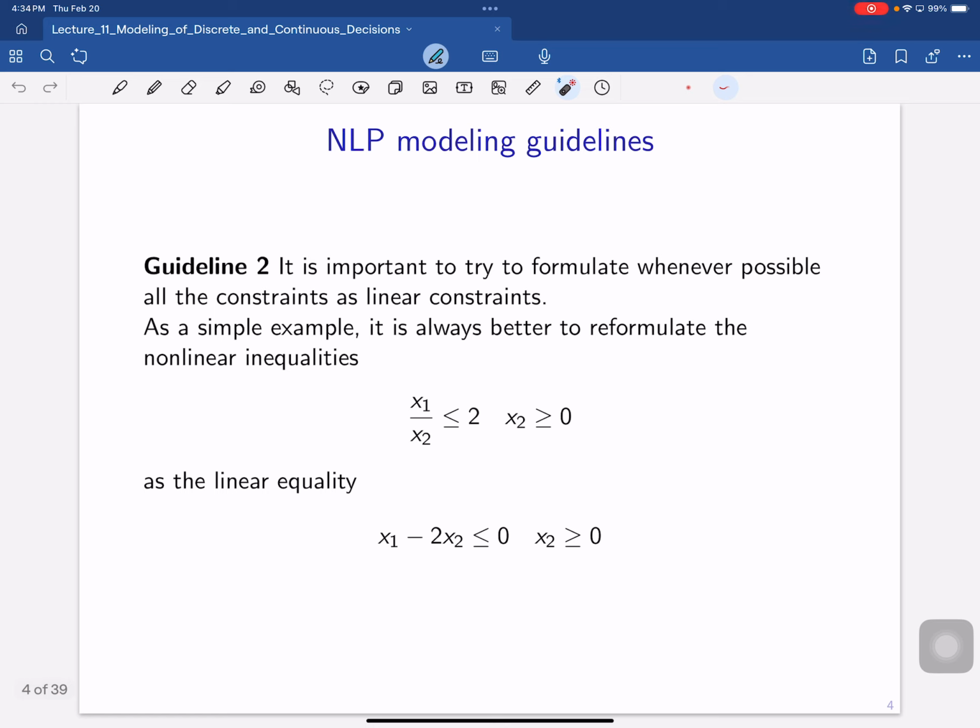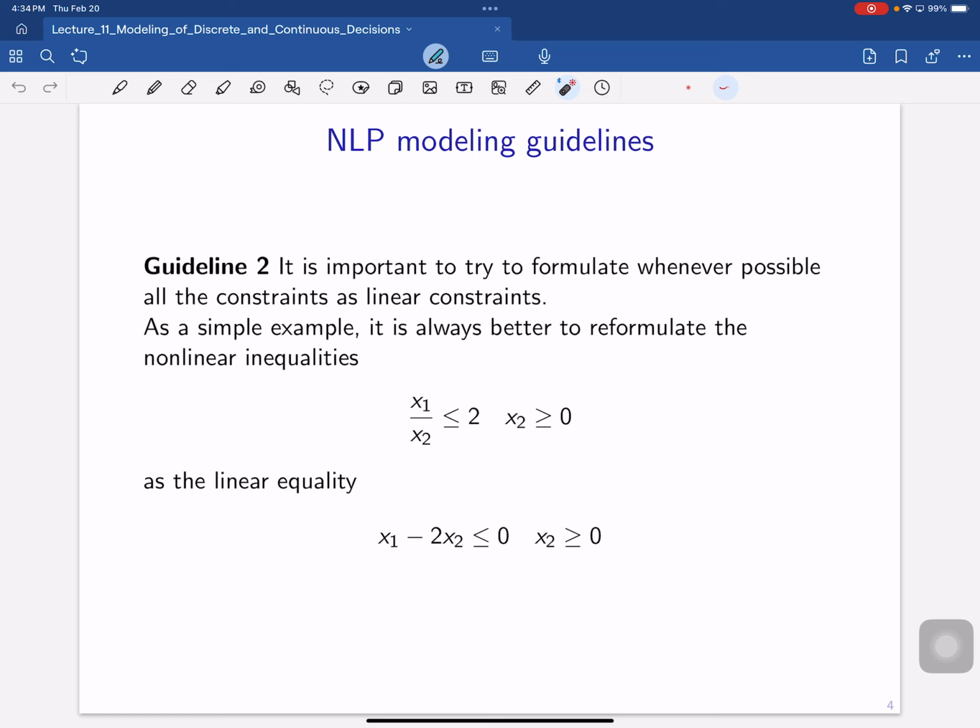The other guideline is if you can convert some nonlinear inequality constraints into linear ones, always convert them to linear inequalities. That's very simple because linear problems are usually easier to solve than nonlinear problems. Here is an example.